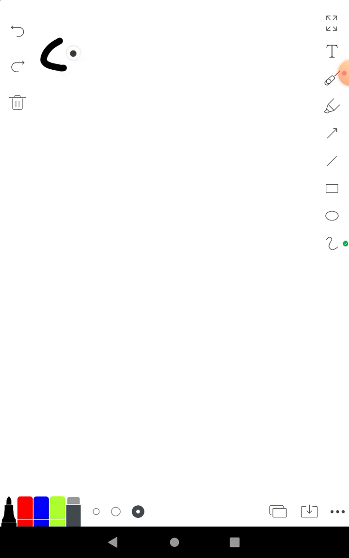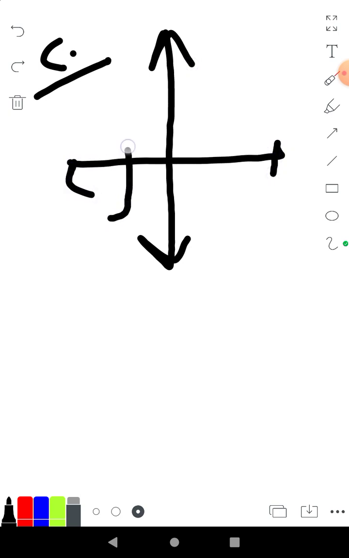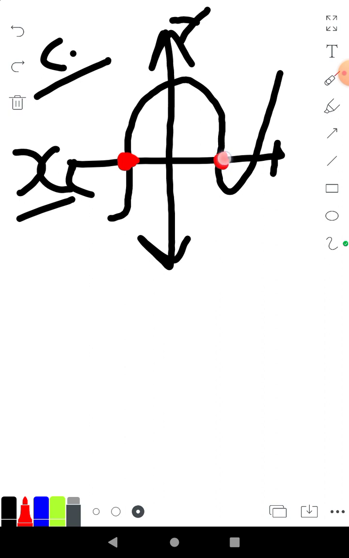So the third part is, this is the graph over here, and the graph is in the form like this. This is the y-axis and this is the x-axis. Now we can see that the graph has cut the x-axis at this point, then this point, and then this point.